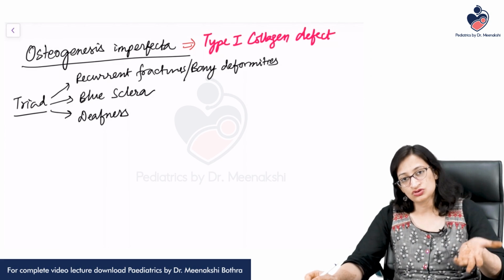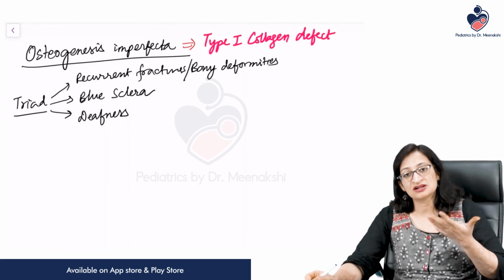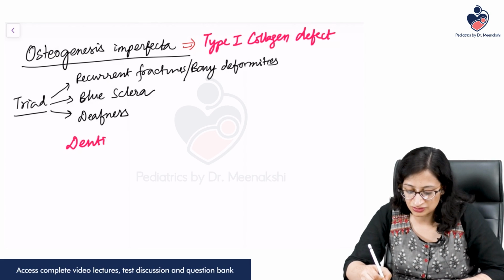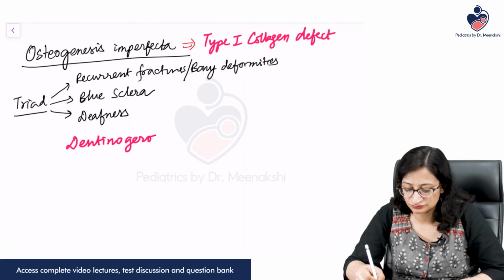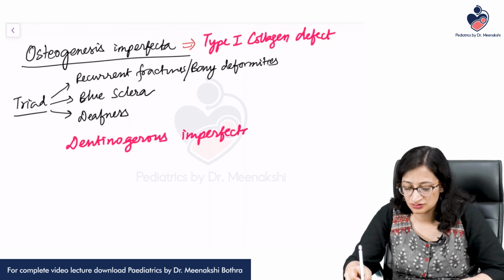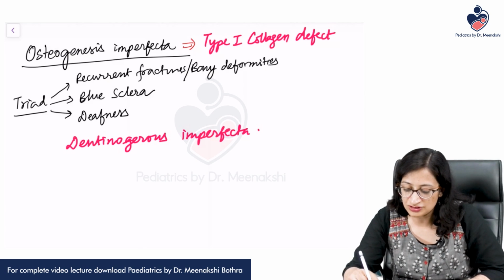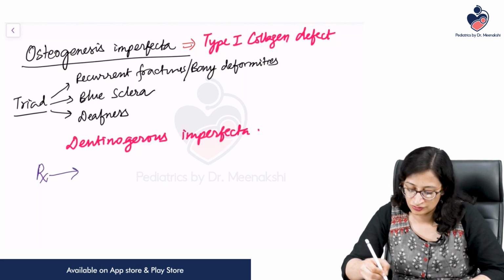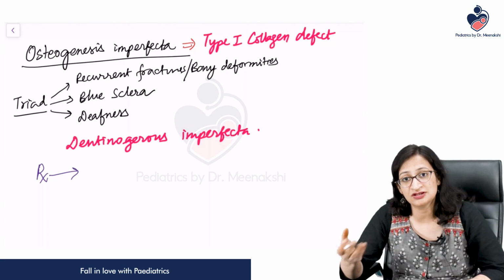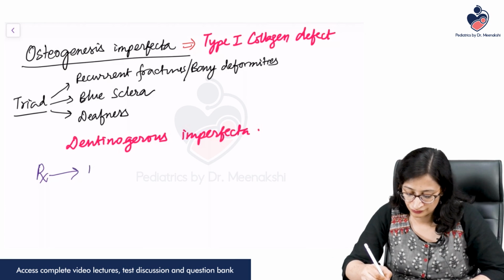Now, these children can also have some dental enamel problems, that is called dentinogenesis imperfecta. So, teeth involvement can be there. And for the treatment of these children, bisphosphonates like pamidronate have been seen to be useful. They decrease the risk of fracture.